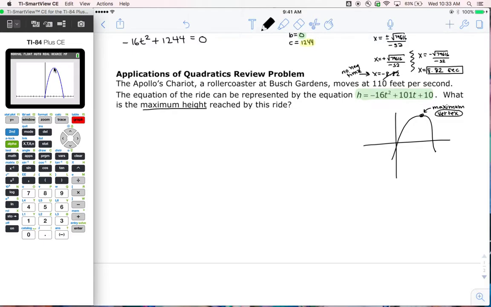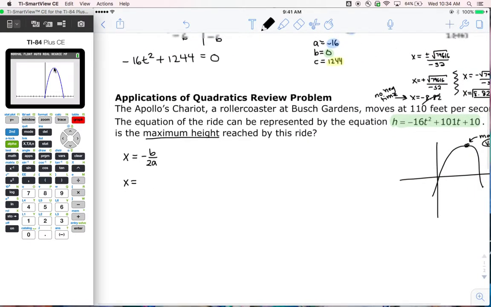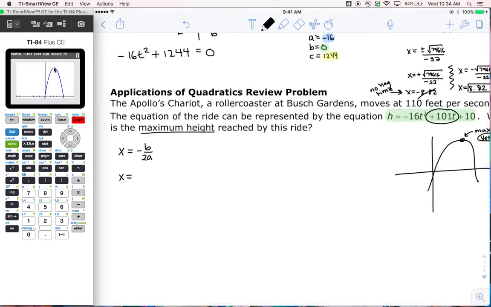So we need to find the x-coordinate of the vertex, and I hope you guys remember that we do that using the axis of symmetry. Remember this negative b over 2a? This gives us the x of the vertex. So here we go. The b, in this case, is 101. So negative 101 over 2 times a, which is negative 16.